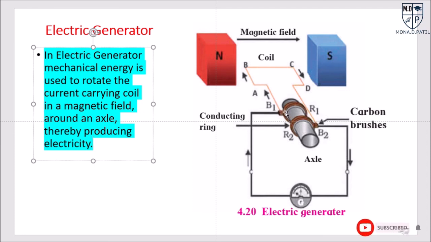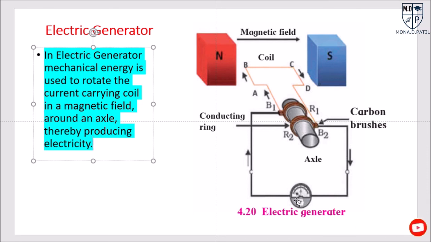Okay, and here B1 and B2 are the brushes used, and R1 and R2 are the carbon rings, and this is adjusted to the axle. Okay, this is the axle, and here the circuit is completed from B1 to B2, and between them a galvanometer is used to measure the direction of the current, as we have just studied.